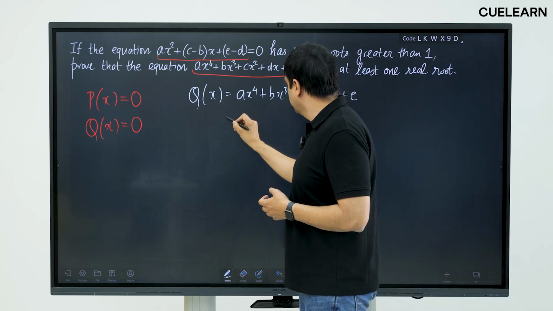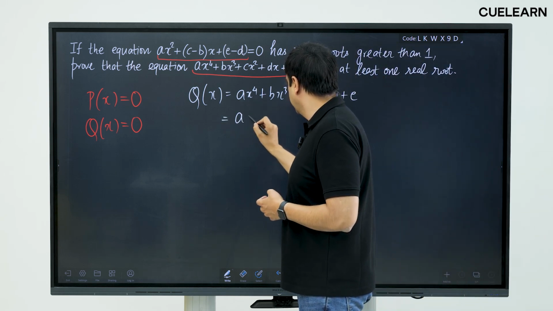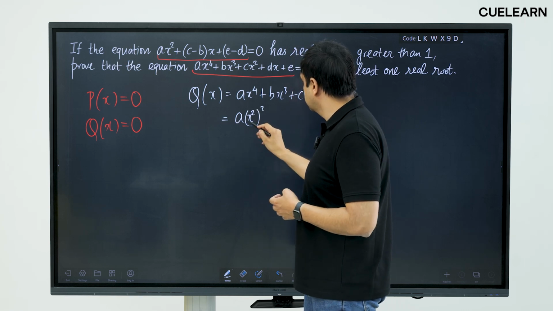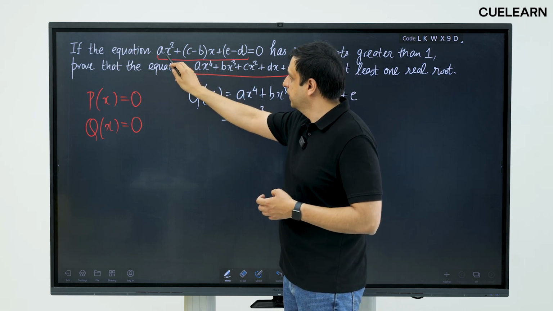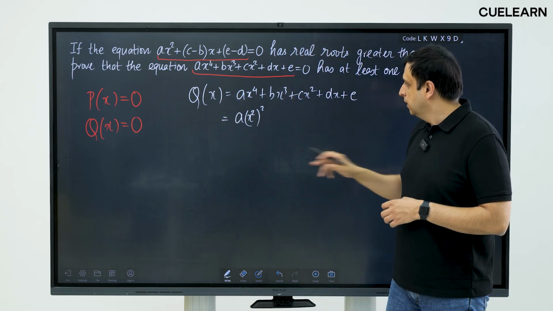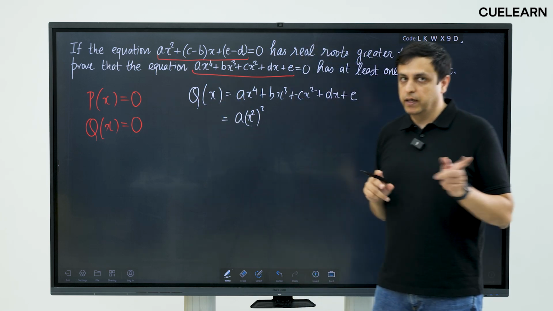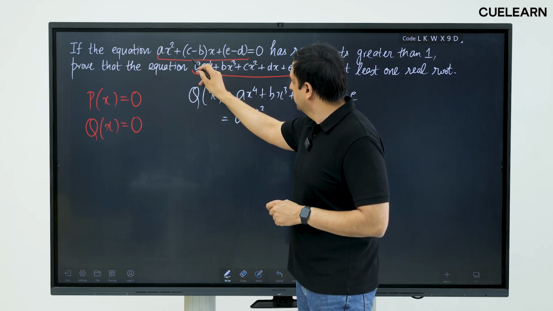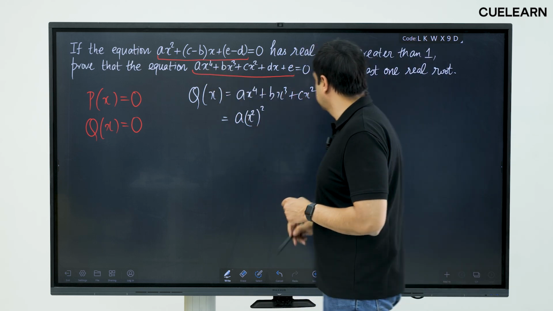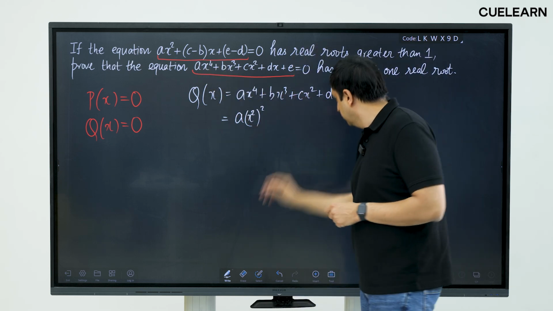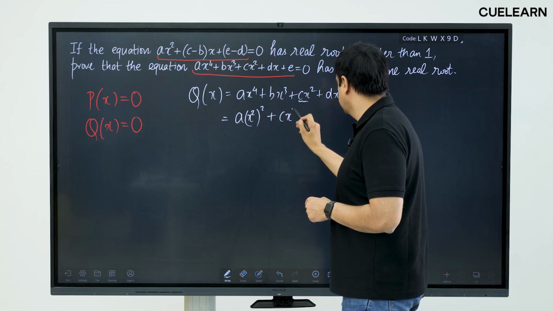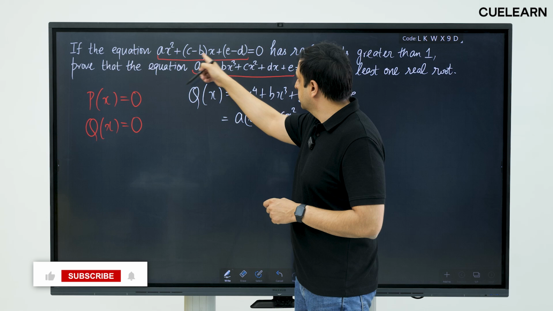I have this first term ax to the 4, which I can write as a times x square squared, and this now resembles this term ax square of p of x, but the variable here is x squared and not x. And then the second term here, the linear term, is (c minus b)x. I already have a cx square here, which I write like this, but then I need a minus b.